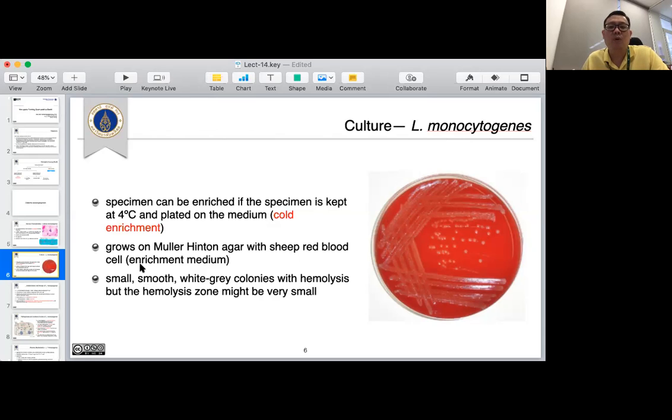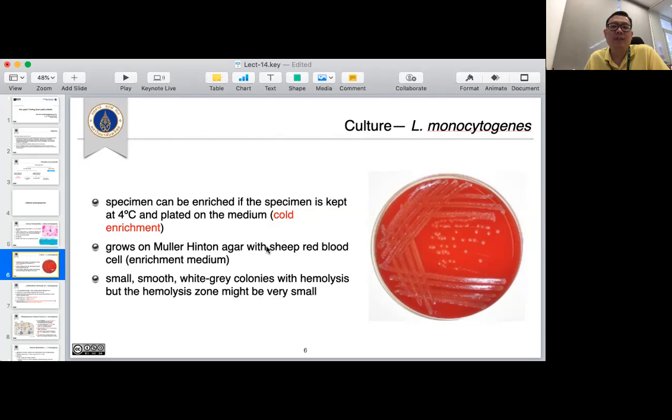The media for growing Listeria mono is blood agar, but the base media needs to be Mueller-Hinton agar. Still remember this name, Mueller-Hinton agar? Kind of familiar? This agar is used for antibiotic susceptibility test.